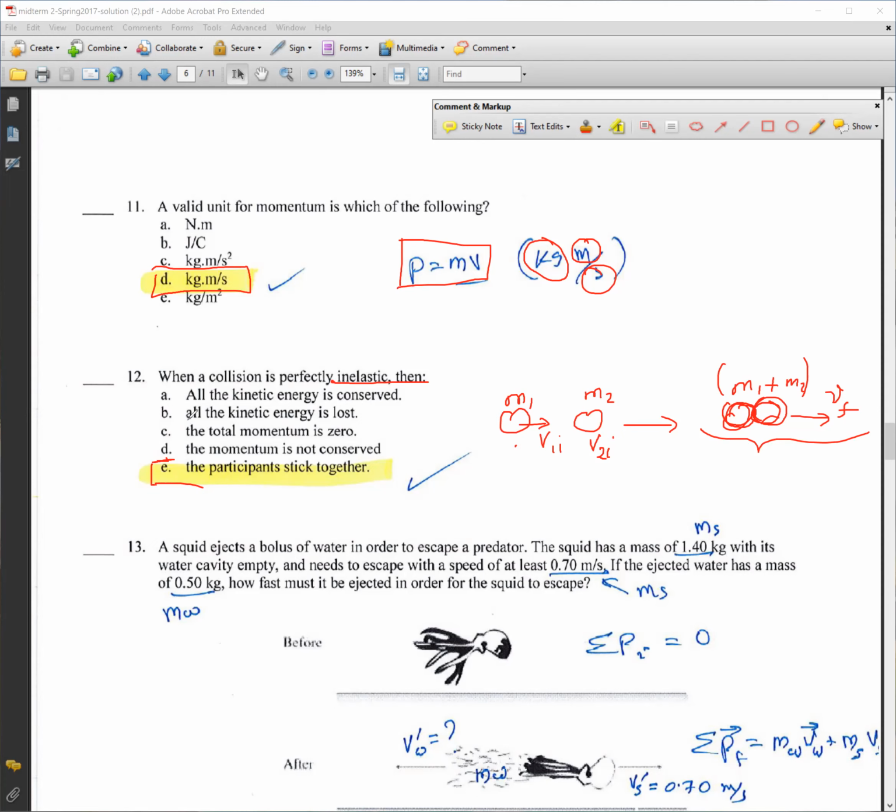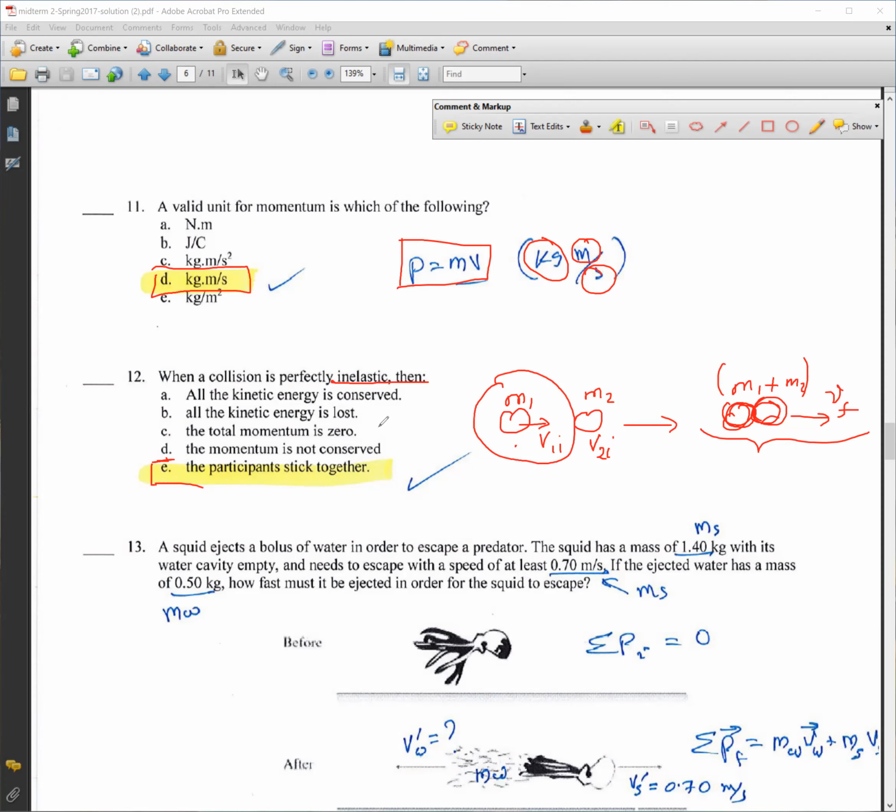Now, the second one, all the kinetic energy is lost, which is not true. If it was all lost, probably the two objects would lock and they would stop, and the total momentum would be 0. That's not true, because the total momentum will have a component due to the first mass moving. So the total cannot be 0.